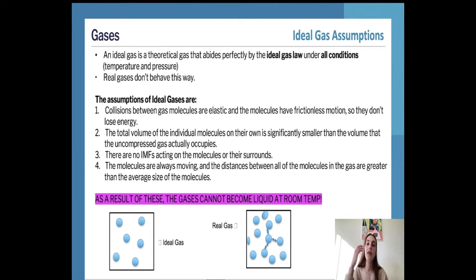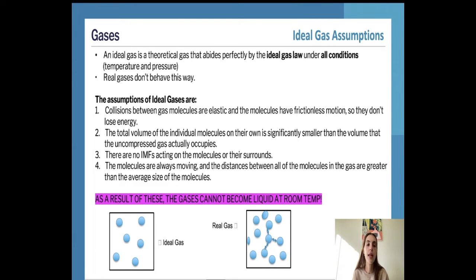If we were to overly compress them, they would likely compress into a liquid, and that's directly correlated with temperature as well, because as temperature changes, it can likely compress to a different state.